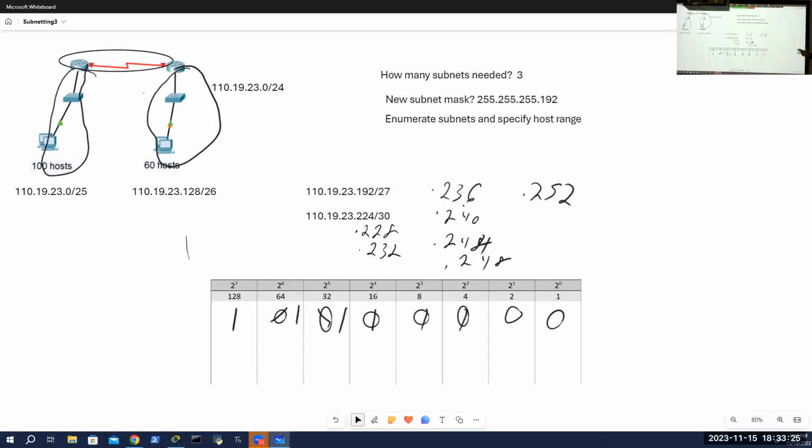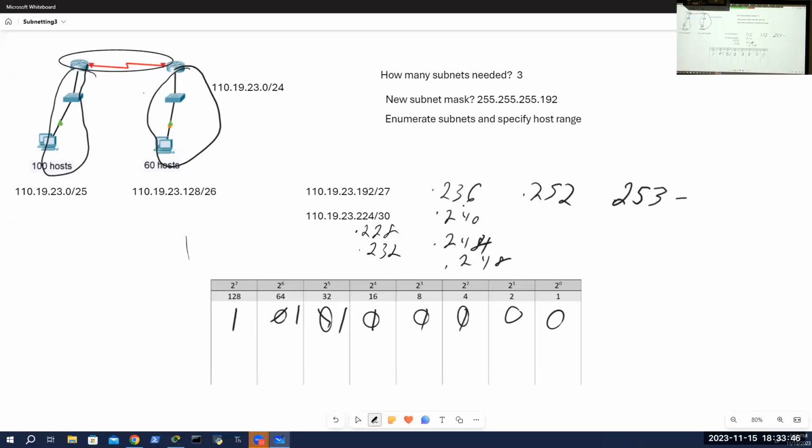And then what are the addresses? What are the possible addresses here, because you're going to need to assign addresses to those router interfaces. .25 what? What's the first possible address here? 3. Just add 1.